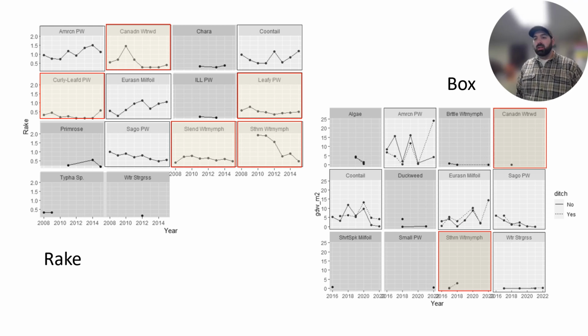This includes Canadian waterweed, curly-leaf pondweed, leafy pondweed, and slender and southern water nymph. Some of those were already declining, perhaps Canadian waterweed and southern water nymph, but yeah, not found anymore.